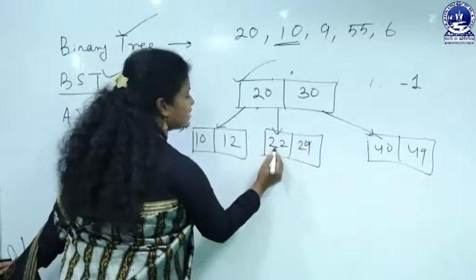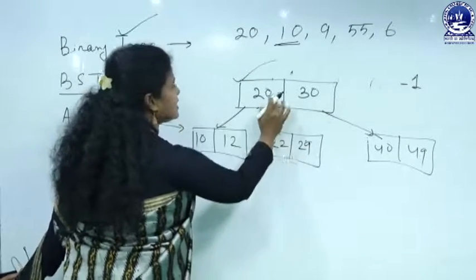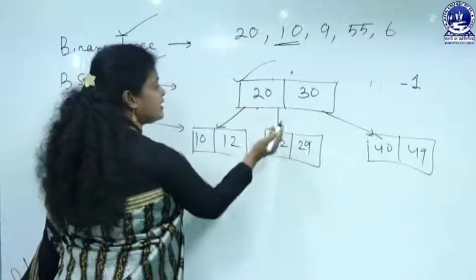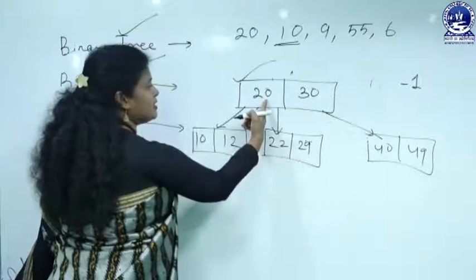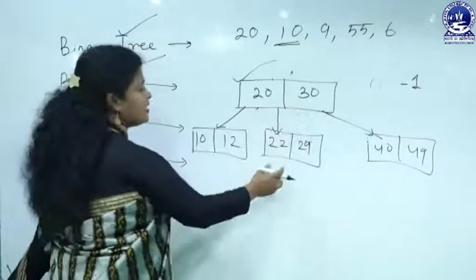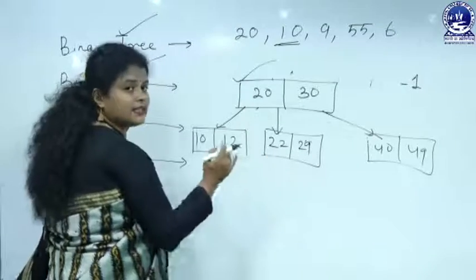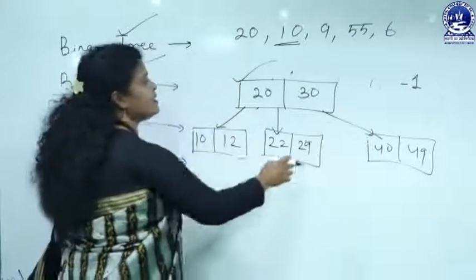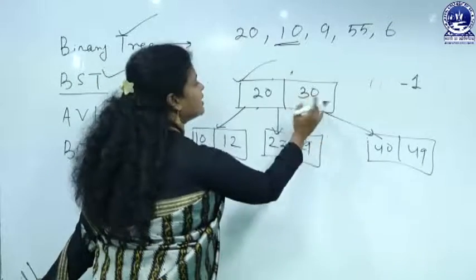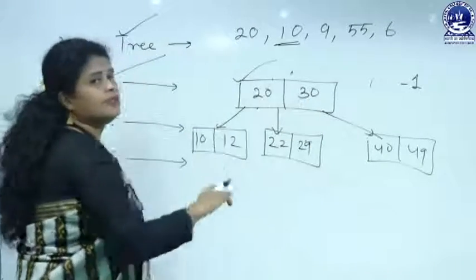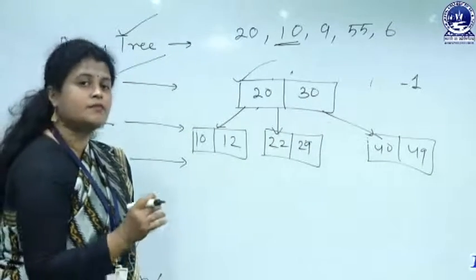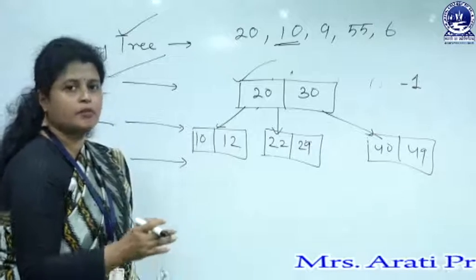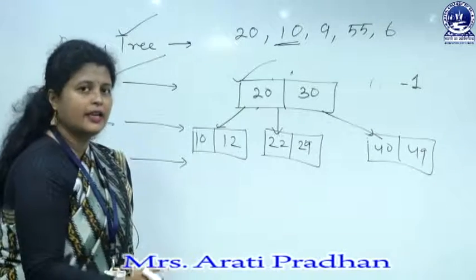This node consists of 20 to 29, which is in between 20 and 30, it means that all these values are greater than 20 and less than 30, that is why this node is placed in between. This node consists of 40 and 49, it means that it has higher value than 30. This is all about B tree which satisfies the property of both binary search tree and AVL.